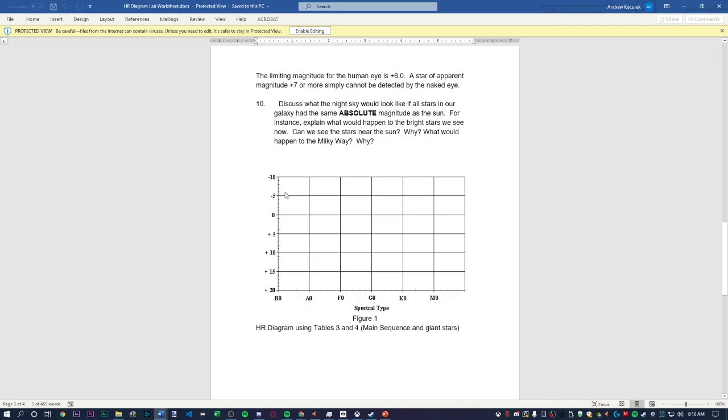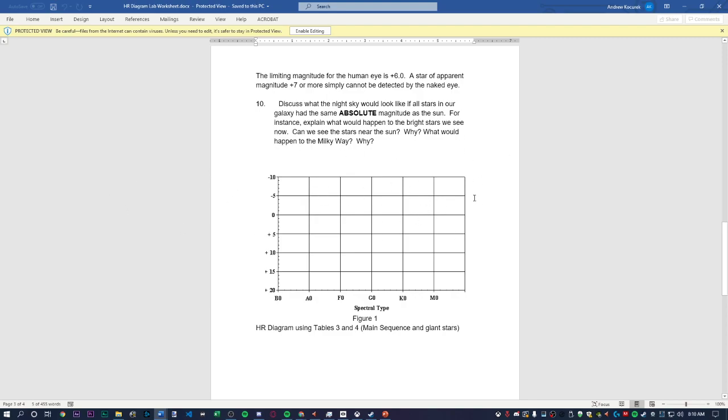Okay. So you do not have to add them all up and divide by the number of stars or anything like that. I mean, you can do that, but that would be silly. You're just wasting your own time if you do that. You're going to have a bunch of stars, a bunch of dots over here, basically up here in this top region.